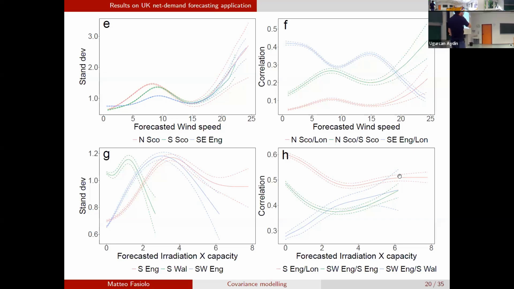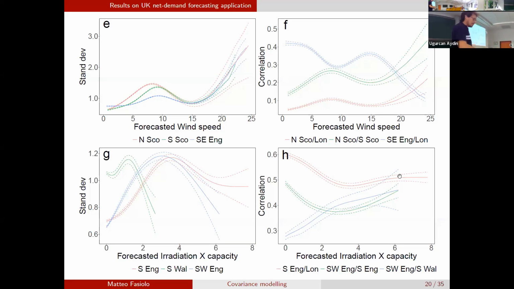At night, or when you have completely overcast conditions, there is no uncertainty related to solar production. As you get more sun, you might have intermittent clouds, and the production is uncertain, so you have more uncertainty. Then at some point you have clear sky conditions where you are certain that you're going to produce at full capacity, and then the variance goes back down.